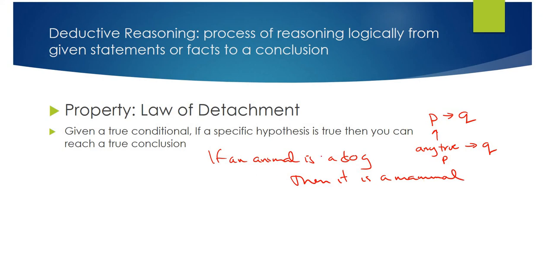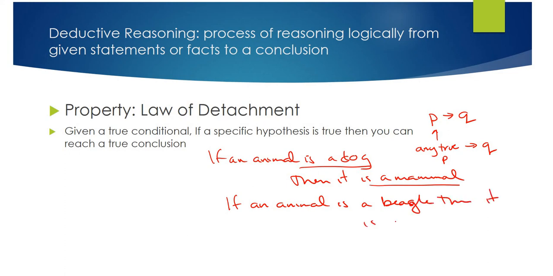But what I can do here is there is this law of detachment that says that this statement, dogs are mammals, is true no matter what kind of dog I look at. So now I can say, therefore, if an animal is a beagle, then it is a mammal. I don't need a new if-then statement because a beagle is a dog, therefore it fits with the original.